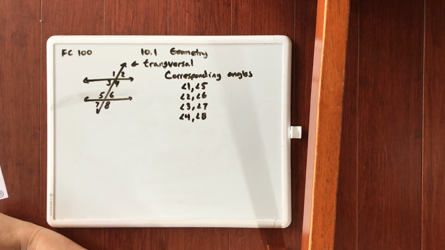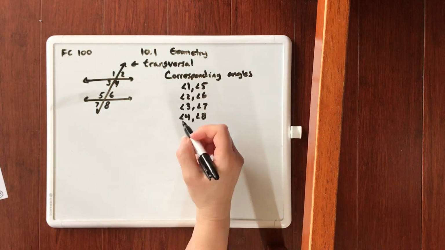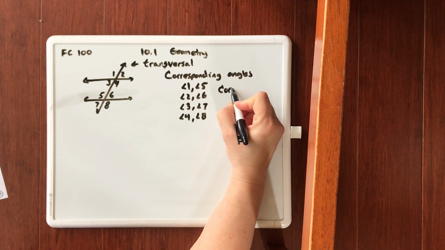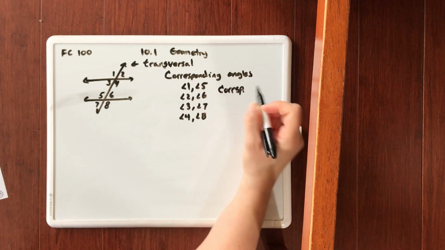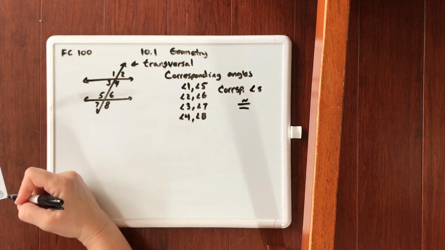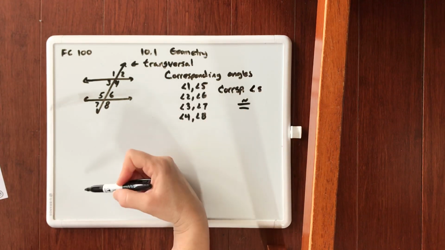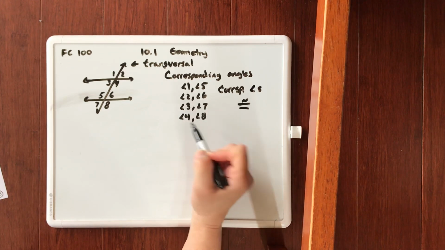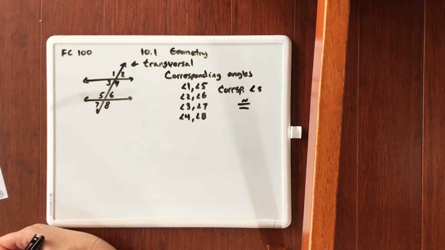In geometry we can never assume, but you don't have to worry about that because people before you have proved these things. They have proven that corresponding angles are congruent. So 1 and 5 are equal in measure, 2 and 6 are the same, 3 and 7 are the same measure, and 4 and 8 have the same.